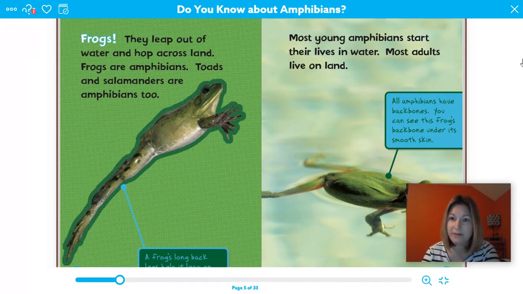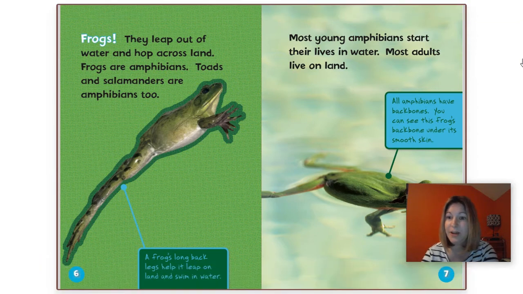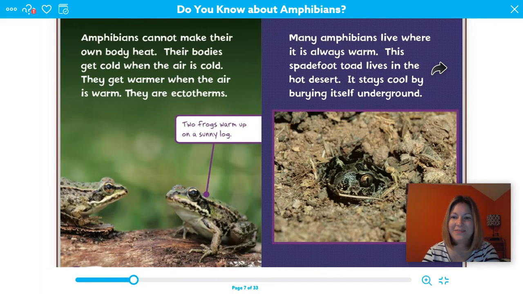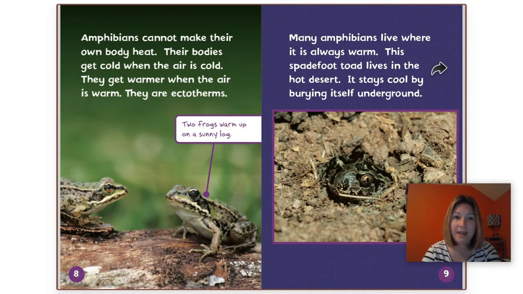Most young amphibians start their lives in water. Most adults live on land. All amphibians have backbones. So you can see this frog's backbone under its smooth skin. Amphibians cannot make their own body heat. Their bodies get cold when the air is cold. They get warmer when the air is warm. They are ectotherms.